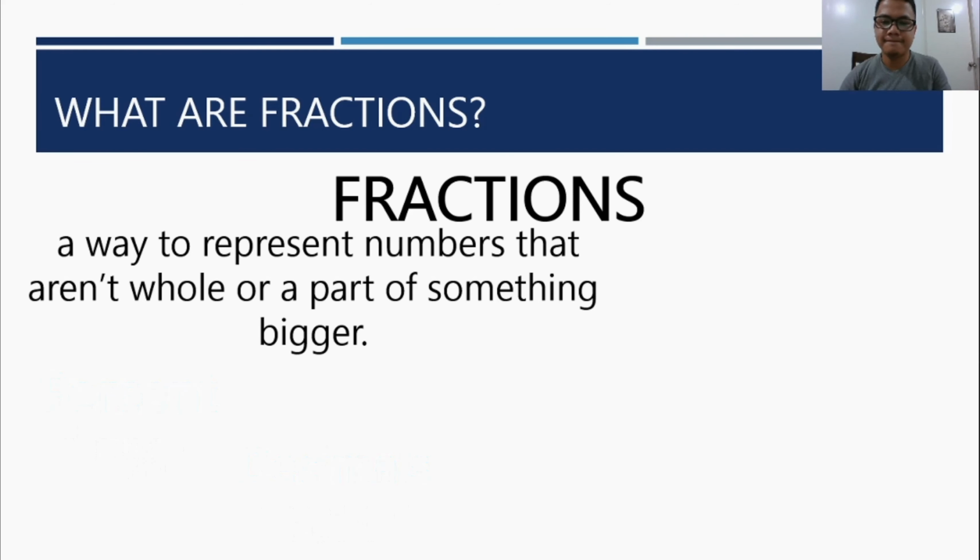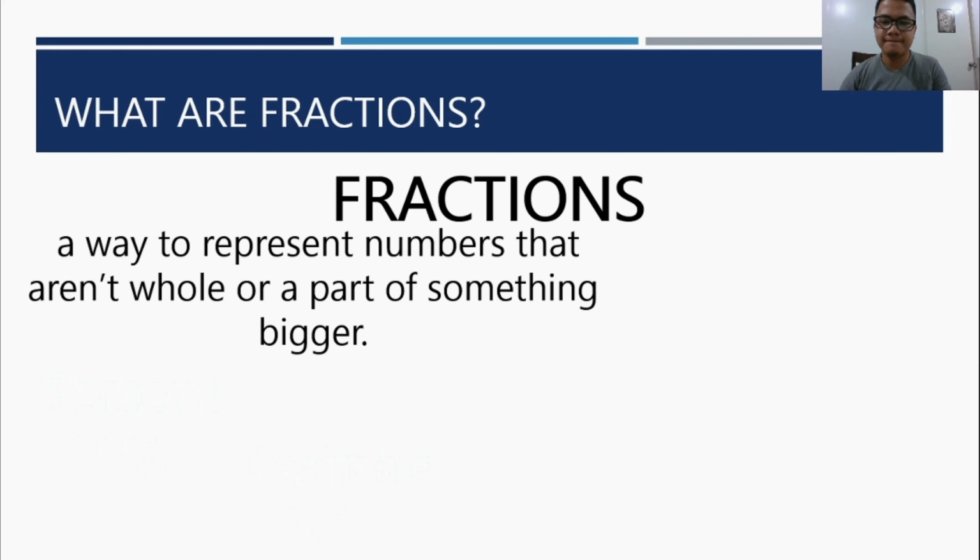What do we call the number below the fraction bar? We call it the denominator, and it represents the whole. The number there tells how many parts the whole is divided into. So 5 there means there are 5 parts out of that one whole.